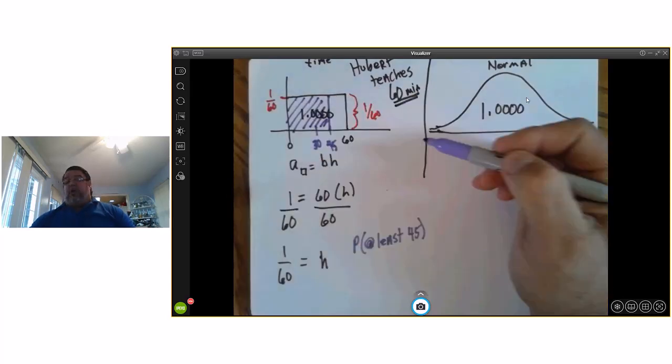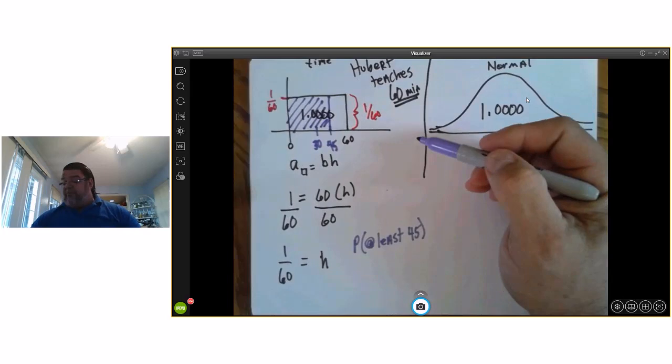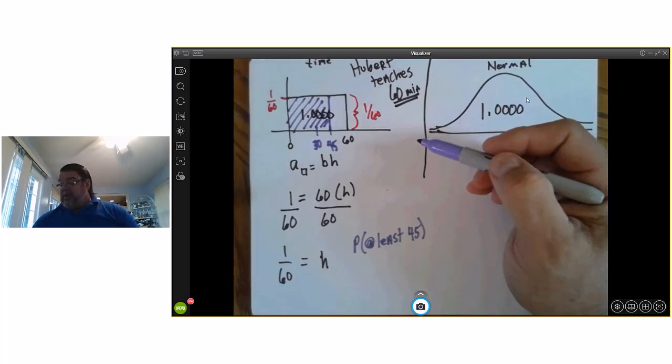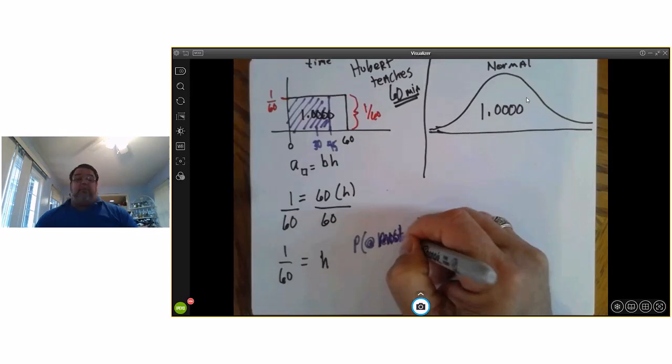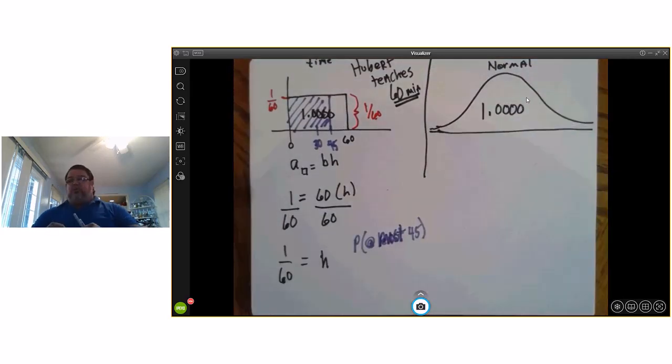What is the probability that he's going to go 45 minutes? Actually, at most. At most 45 minutes. So what is the probability that Hubert's going to teach for 45 minutes? Okay? So now, what is our base?